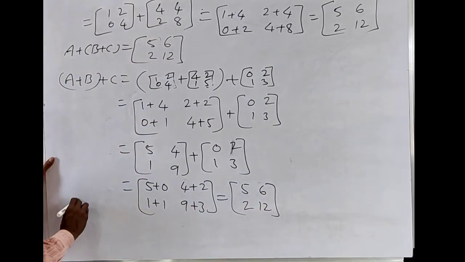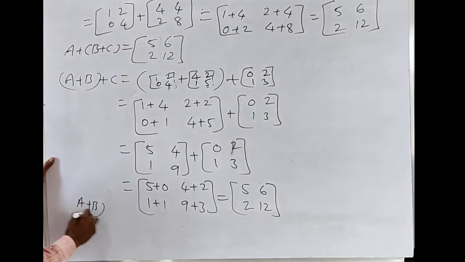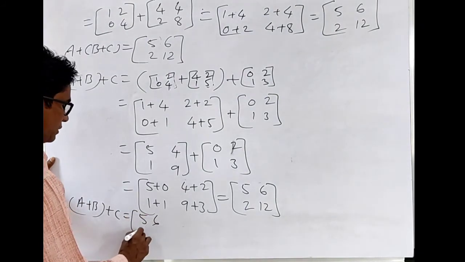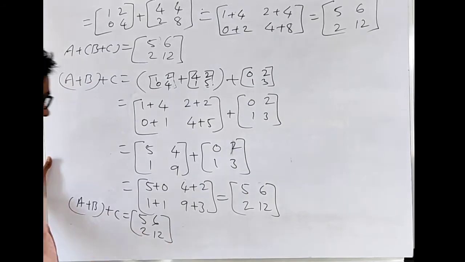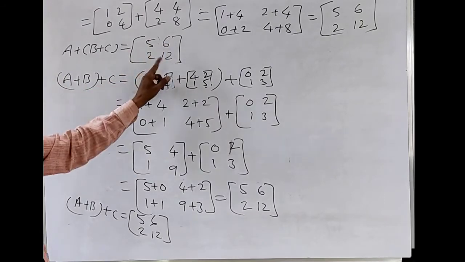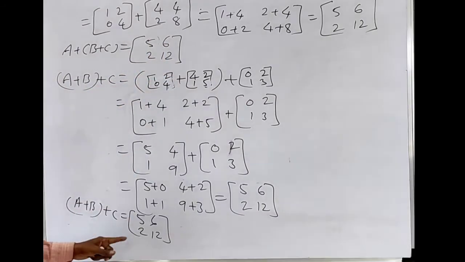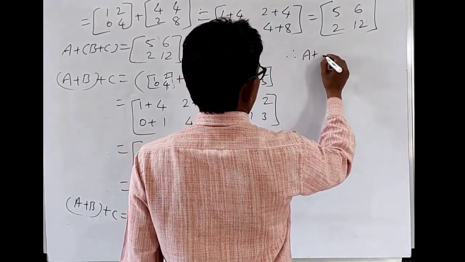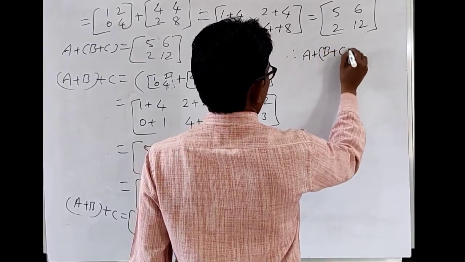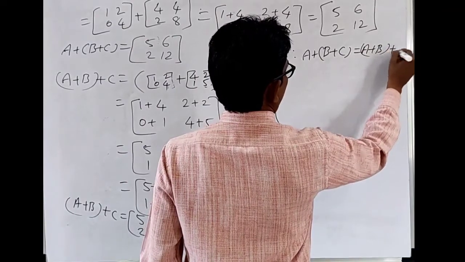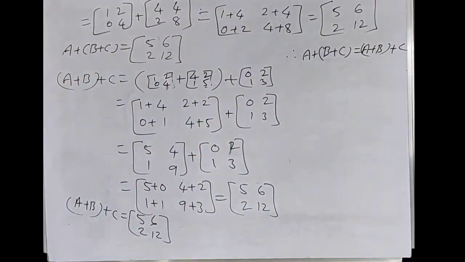So (A plus B) plus C is what we got, [5, 6; 2, 12]. Now look here, A plus (B plus C) is [5, 6; 2, 12], and (A plus B) plus C is [5, 6; 2, 12]. Therefore A plus (B plus C) is equal to (A plus B) plus C. So both are equal.